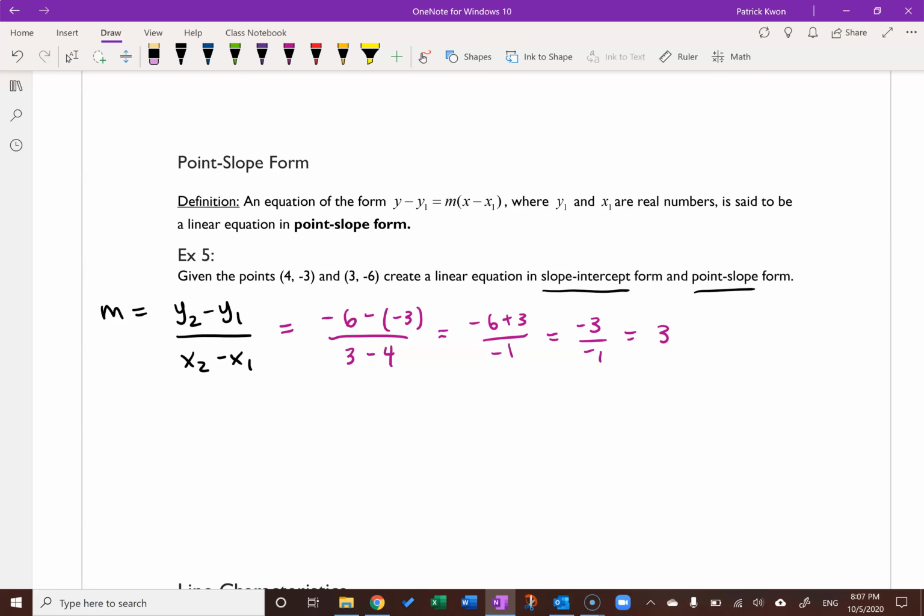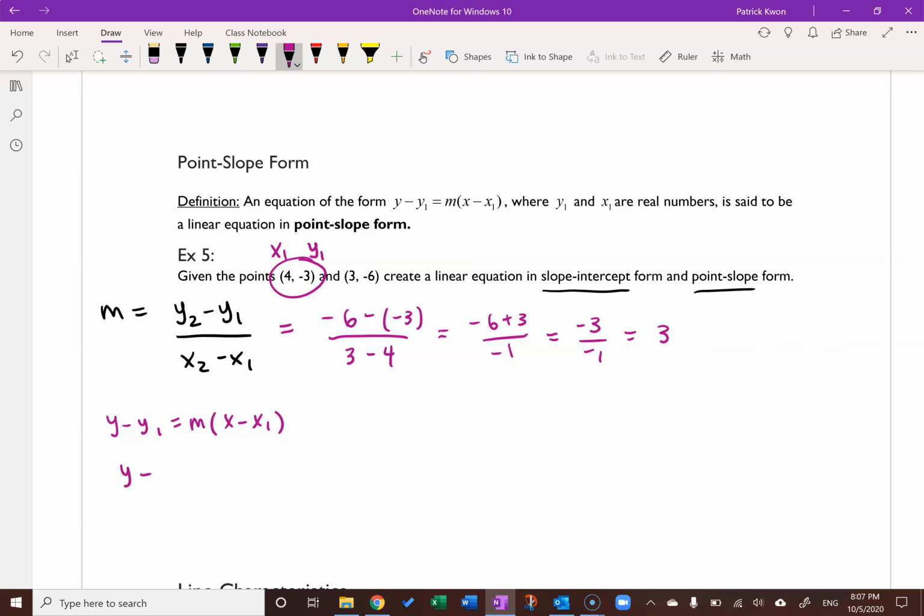And so now what we can do is, because we have two of our points that lie on our line, we can actually create our point slope form already. So we know that point slope form is y minus y1 is equal to m times x minus x1. And we have our slope, which is our m value, and then we could just plug in either of those points in for x1 and y1. So I'm just going to work with this first ordered pair, and I'll call this one again x1, and I'll call that y1.